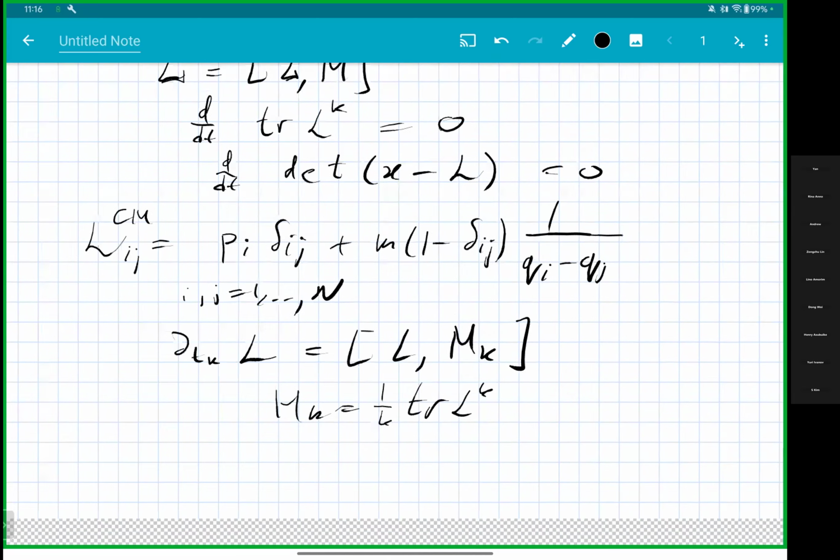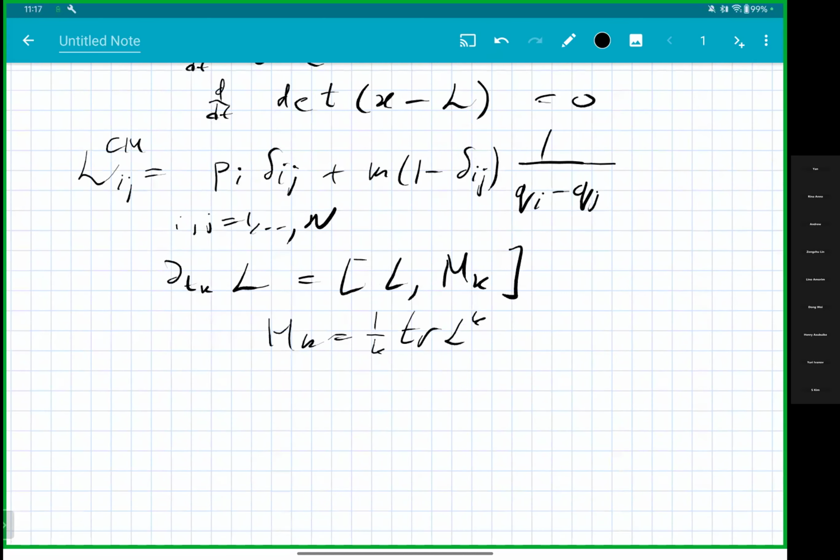Yeah, so you mean how to obtain coordinates back from this matrix dynamics? That's usually a skill.